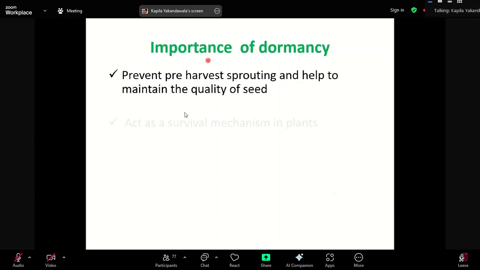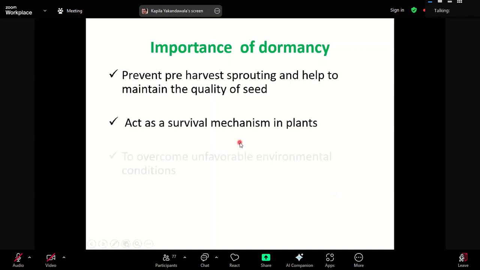Why is dormancy important? To prevent pre-harvest sprouting. Before harvest, otherwise seeds can sprout. Then it also acts as a survival mechanism in plants, to overcome unfavorable environmental conditions. Both are very much similar.